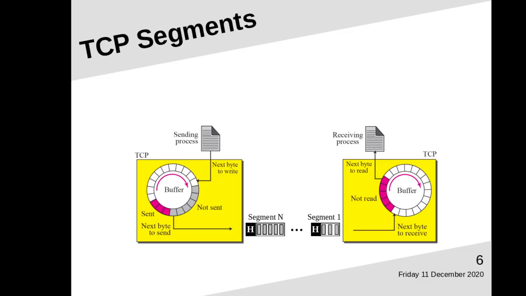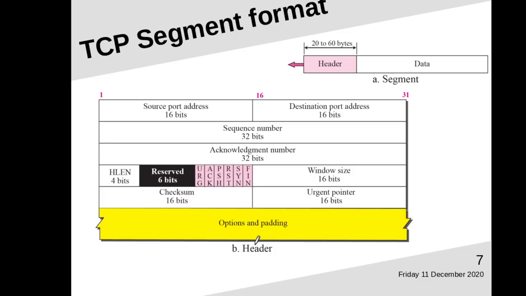Later on it may be encapsulated within an IP header, but still this is what we have to understand here. Now we will see the TCP segment format. What is happening? You can see here you have 20 to 60 bytes of header and you will have the data part. Okay.